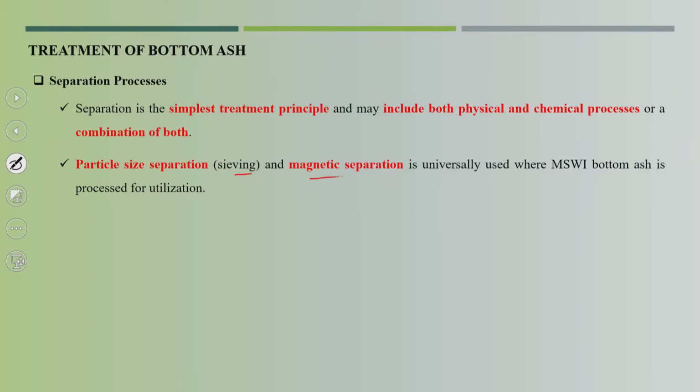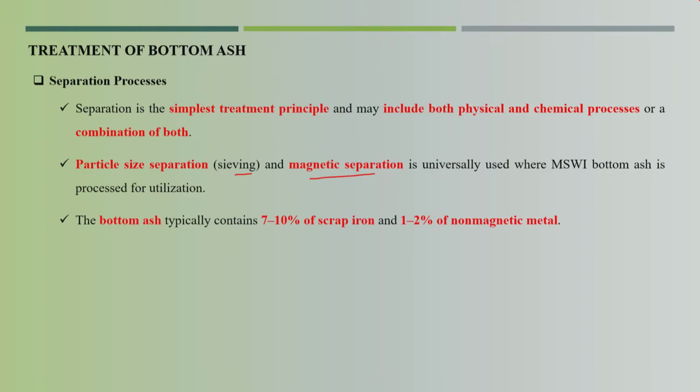sieving and magnetic separation. For magnetic separation, the target could be to separate the ferrous metals from the remaining ash. It is universally used where MSW incineration bottom ash is processed for utilization. The bottom ash typically contains 7 to 10% scrap iron and 1 to 2% non-magnetic metals. So, at least with the magnetic separator this scrap iron can easily be separated out.